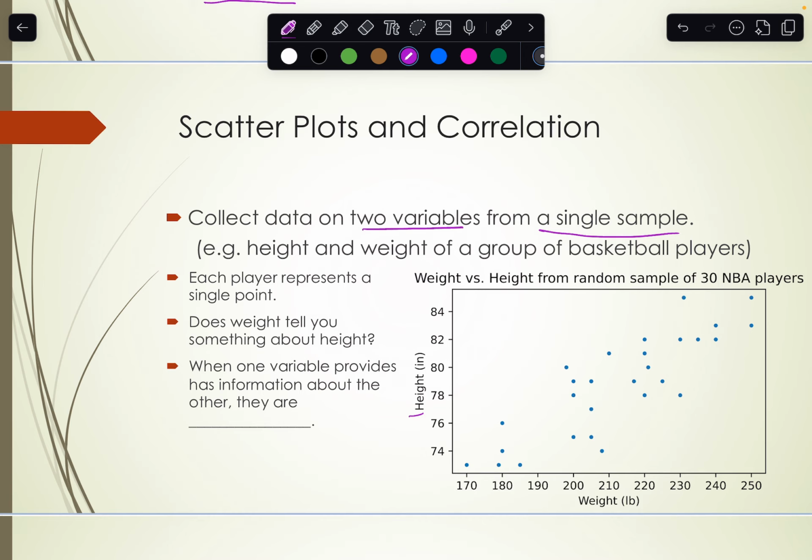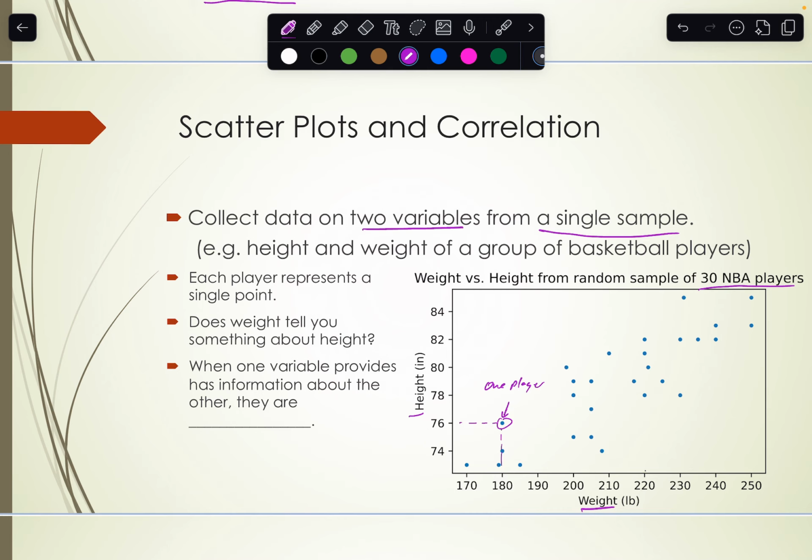Maybe height is the y-axis, weight is the x-axis. And so this right here represents one single NBA player. It'd be really neat if I knew which NBA player that was, but I don't recall that information. However, I know that this one person here is 76 inches tall and 180 pounds.